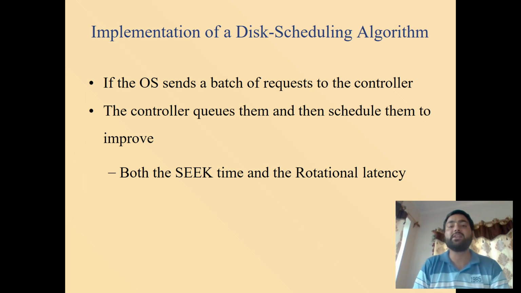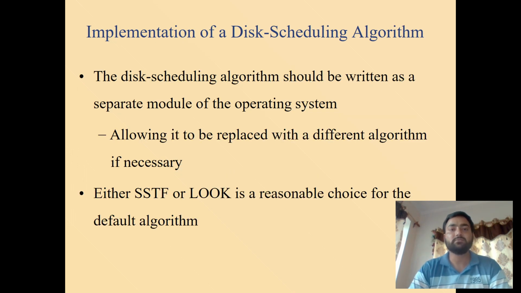If we specifically talk about batch processing, that means batches of requests are made by the operating system. Implementation: in implementation, the disk scheduling algorithm should be written as a separate module of the operating system.